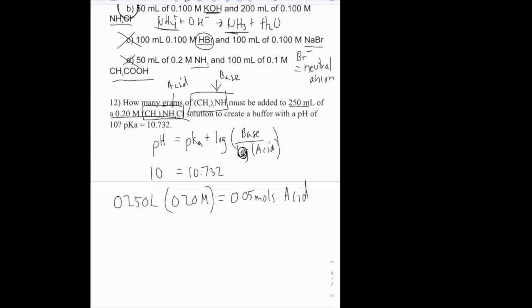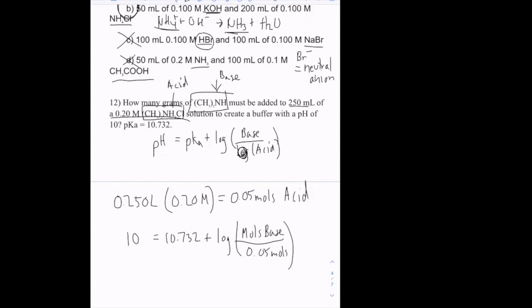So we end up getting this plus log of moles of base over 0.05 moles of acid.